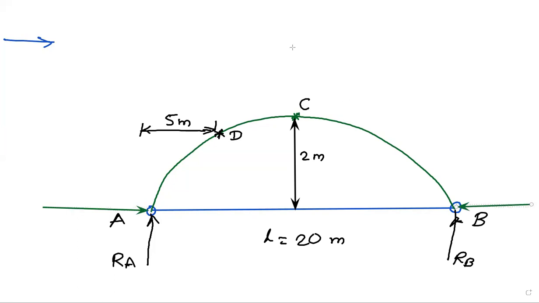Then this is your H, normal thrust, right?